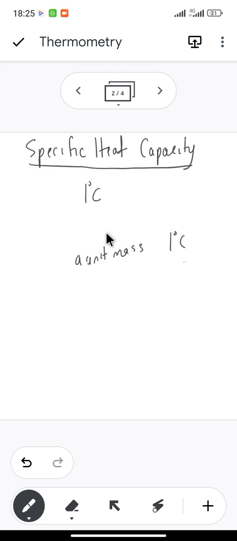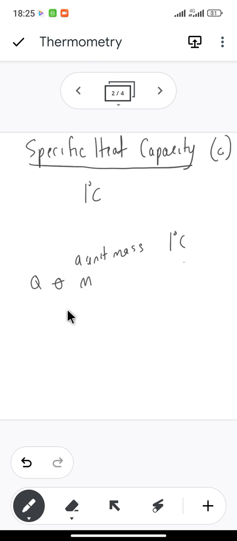Now, specific heat capacity is denoted with small letter c. Yeah, small letter c. So specific heat capacity can be related to some other quantities, like quantity of heat, temperature, and mass. You understand?